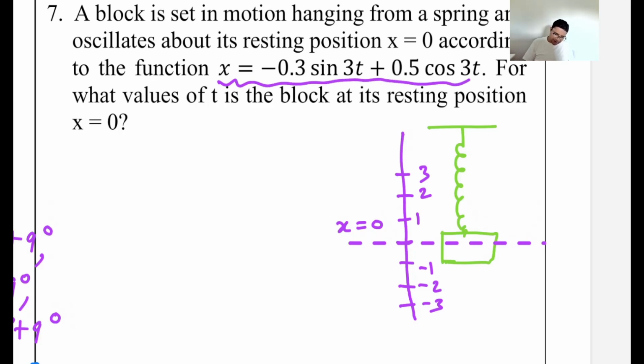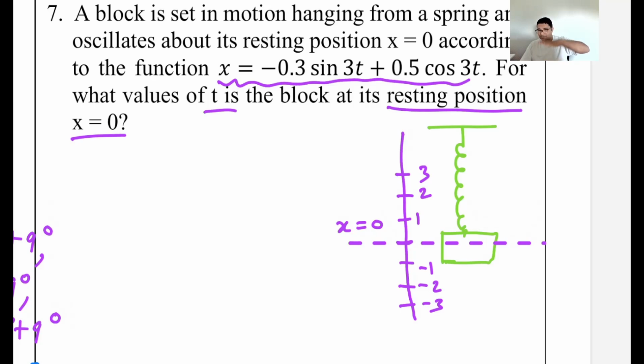And we are asked at what times will it be in the resting position, because the block is going to move up and down, right? So it is going to move past that resting position in its every cycle, twice in every cycle actually.